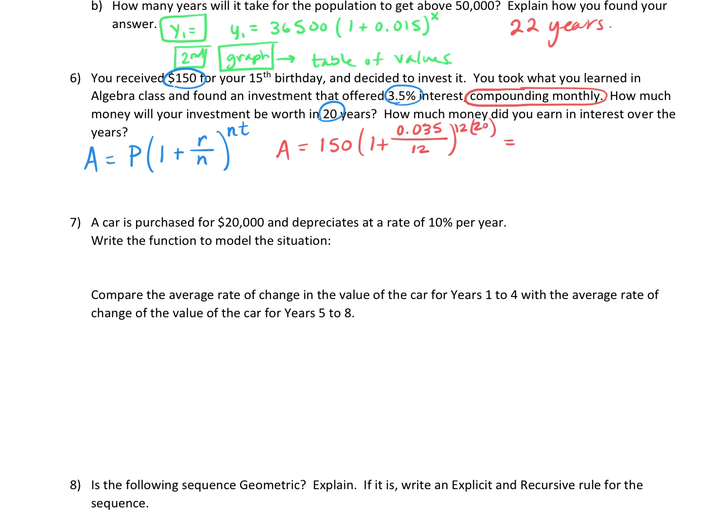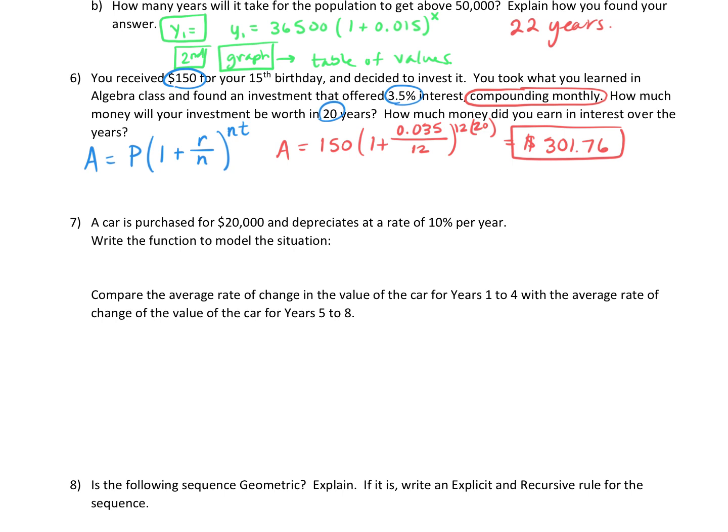Then we grab our calculator and we type that in. After we type that in, we get a total amount of $301.76 when we do our proper rounding.